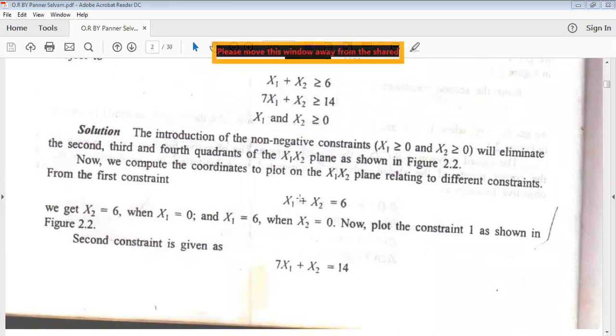If you put x1 is equal to 0, x2 is equal to 6, and if x2 is equal to 0, x1 is equal to 6. So 0, 6 is the first ordinate, and 6, 0 is the next point. This is the way you have to find the ordinates, by putting x1 is equal to 0 and x2 is equal to 0. Like that, you are going to get the 2 points.